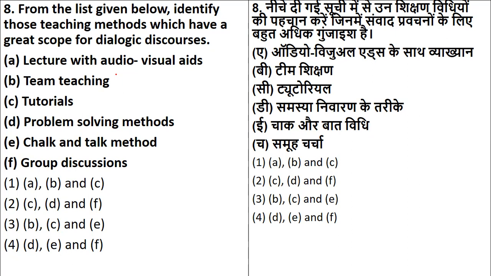Whether it is with the help of audio visual aids, team teaching, tutorials, problem solving methods, chalk and talk method, group discussion. So in what form will it be? From the list given below, identify the teaching methods which have a great scope. So these methods which are given, they feel that these are the great scope for dialogic discourse. It means you can converse. Okay. So which do you feel?